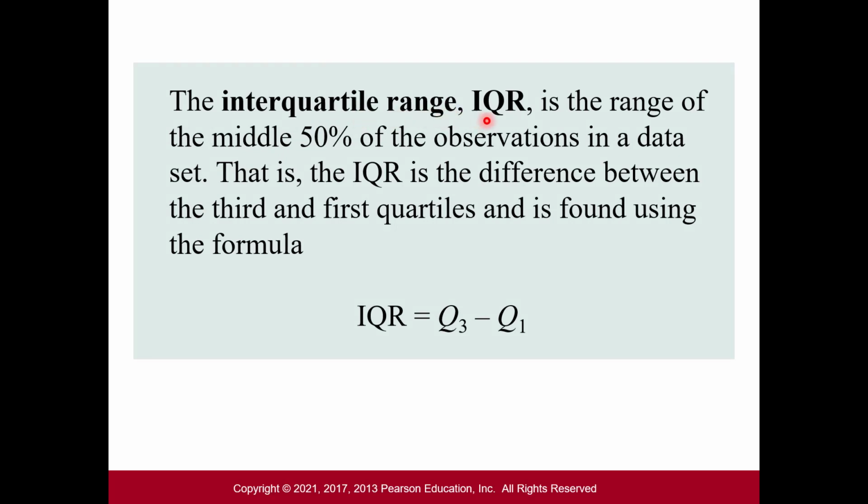So interquartile range, IQR, is just the range of the middle 50% of the observations in a data set. So it's just the difference between the third and the first quartile. So if you split your data into 4 quartiles, then the inner 50% is between quartiles 1 and 3. So you just find that value by subtracting.